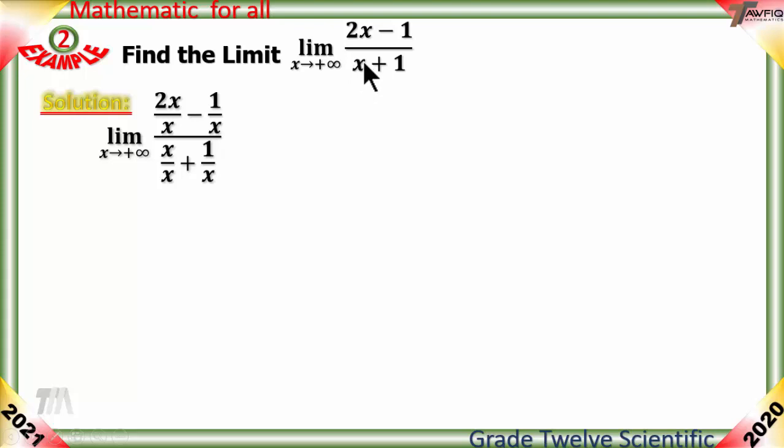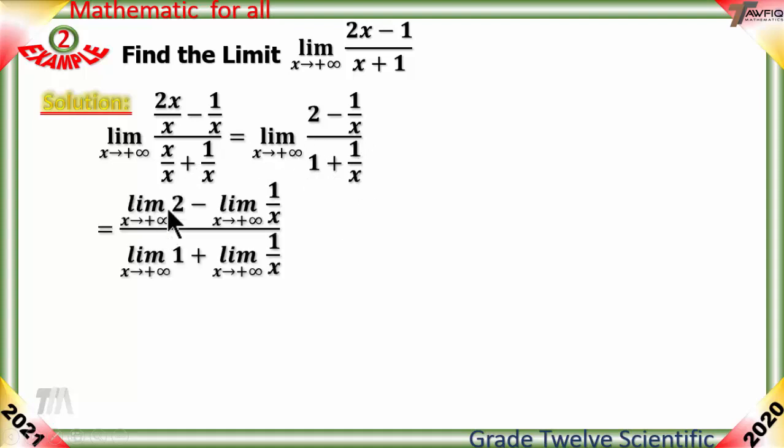Here it is x to the power 1. That means we divide the numerator and denominator by x. It becomes 2x over x minus 1 over x, over x over x plus 1 over x. 2x divided by x is 2 minus 1 over x, and x divided by x is 1 plus 1 over x.